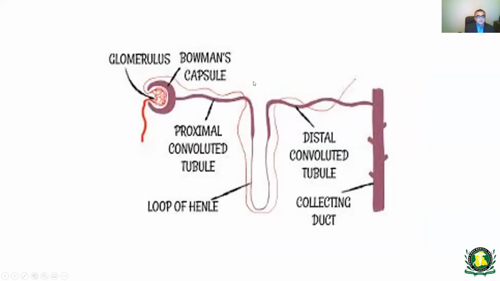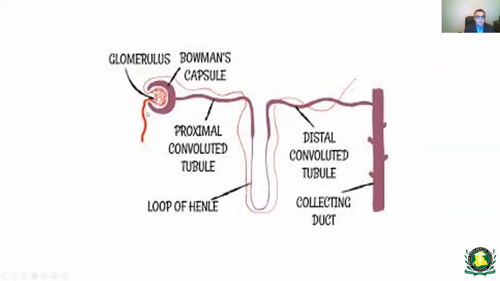This is the functional unit of the kidney called nephron, and hence the specialty is also called nephrology. Glomerulus is a tuft of capillaries. Afferent arteriole brings the blood to the glomerulus, and efferent arteriole leaves the glomerulus. This is a unique situation because you see there is no venule here.